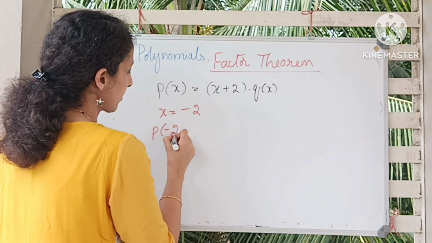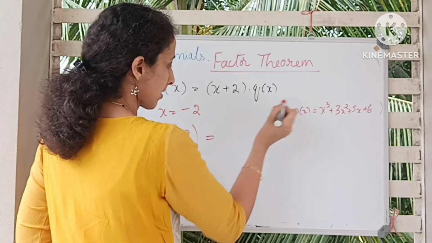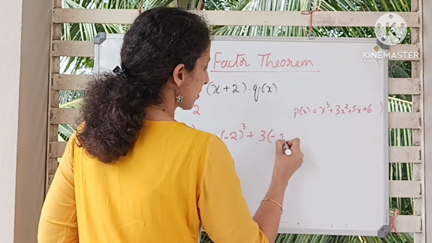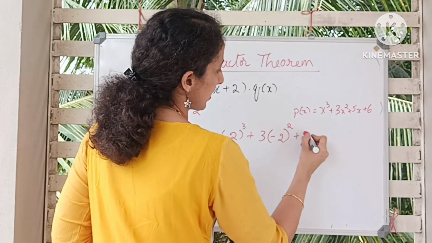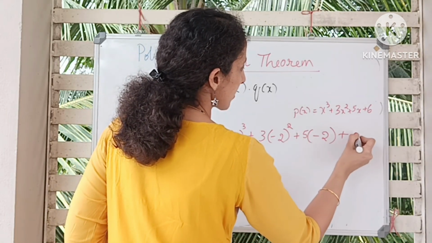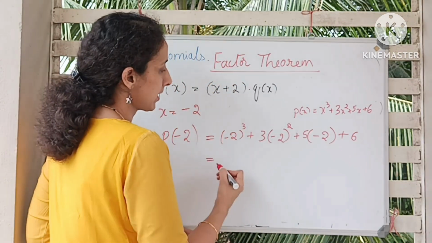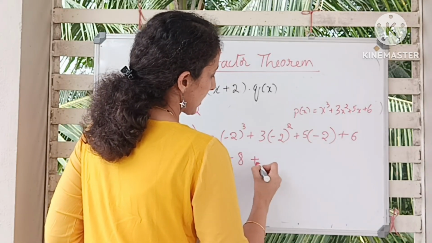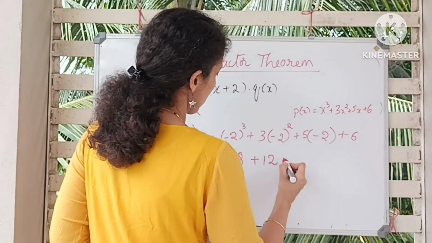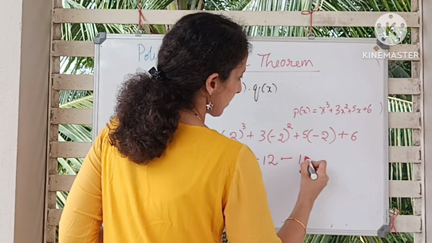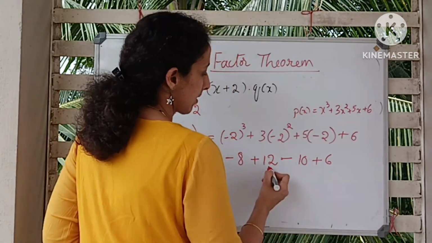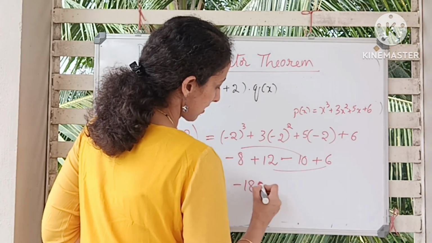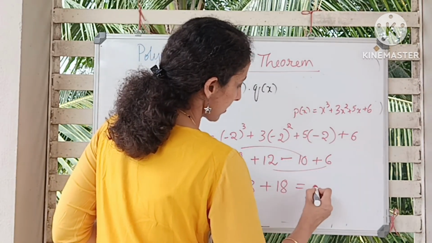So p of minus 2 will become minus 2 cube plus 3 into minus 2 square plus 5 into minus 2 plus 6. This will be minus 8 plus 12 minus 10 plus 6. So this will become minus 18 plus 18, which will give us 0.